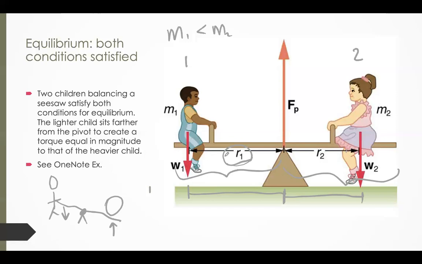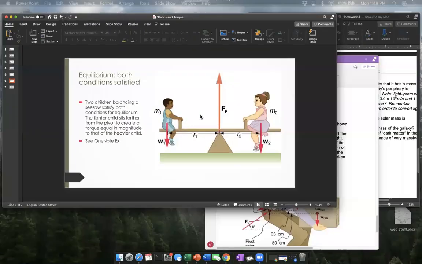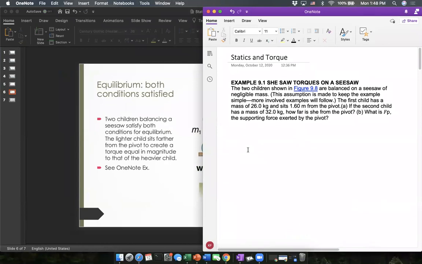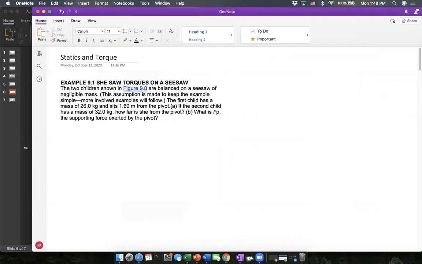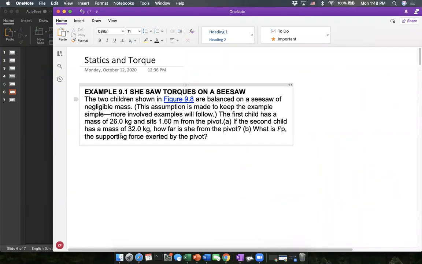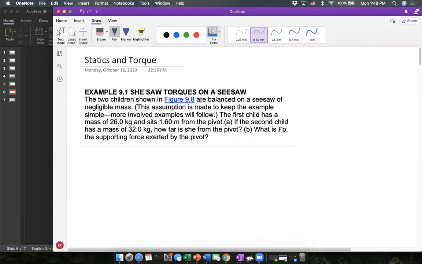Okay, so let me go to OneNote for an example. Here is my example. Now we are looking at those two children that we were just looking at. They're balanced on a seesaw of negligible mass, just like we were looking at.